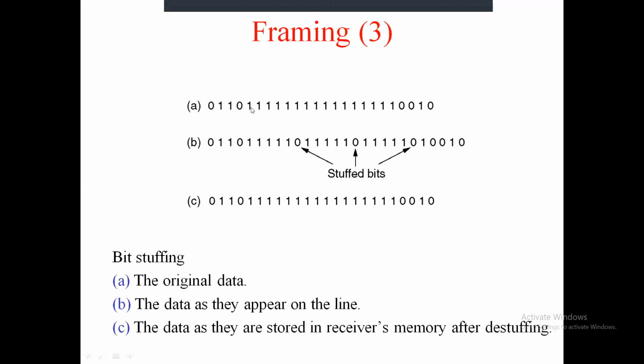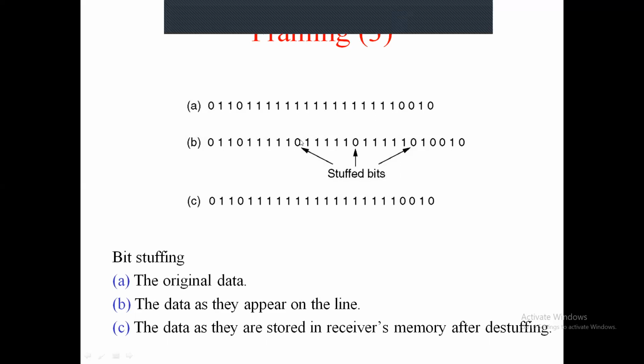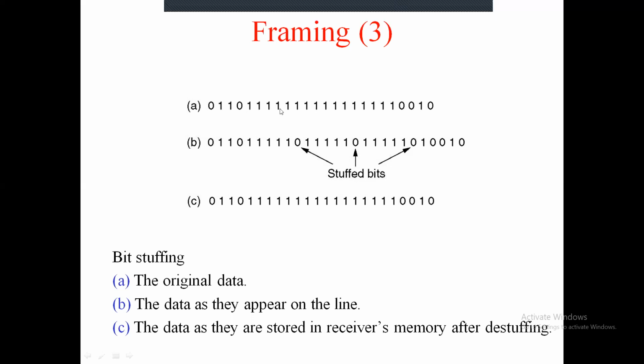Wherever the original data contains continuously 5 ones, ఎక్కడైనా చూడండి డేటాలో కంటిన్యూస్ గా 1 2 3 4 5 కంటిన్యూస్ గా 5 వన్స్ ఉంటే ఫిఫ్త్ వన్ పక్కన అంటే ఆఫ్టర్ ఫిఫ్త్ వన్ బిట్ జీరోని స్టఫ్ చేస్తున్నాం. చూడండి ఎక్కడైనా 5 వన్స్ ఉంటే ఆఫ్టర్ 5 వన్స్ వీ ఆర్ స్టఫ్డ్ ఏ జీరో బిట్. ఎంటైర్ బిట్ స్ట్రీమ్ మొత్తంలో కూడా స్టఫ్ చేస్తాం అనమాట. వీటిని స్టఫ్డ్ బిట్స్ అంటాము.